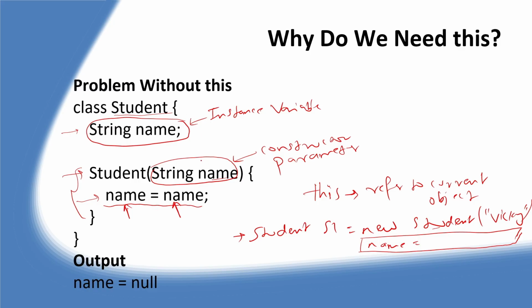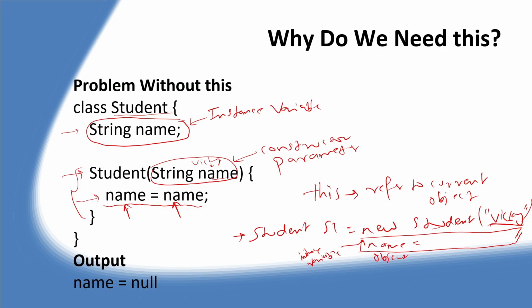So what is the value of name? Wiki, which we have provided here. This value will come here in the constructor parameter. Inside the object we have the instance variable name, and this is the value which we passed, in the constructor parameter.